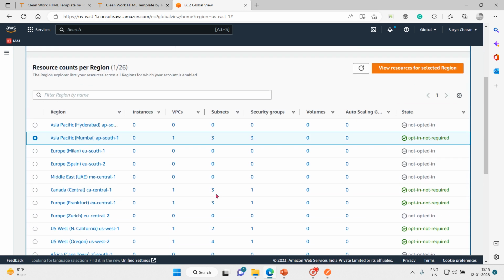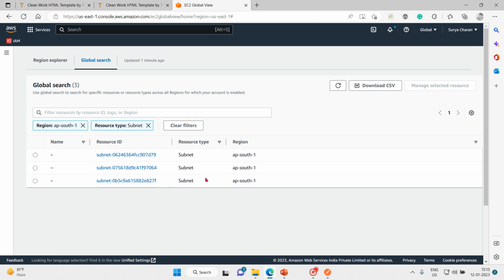Let's take one example. Asia Pacific Mumbai is one region. In that region we have 3 subnets. What does it mean? It's a very simple question. In India, the northern part of India has been named as the Mumbai region, and that region has been divided into 3 parts.